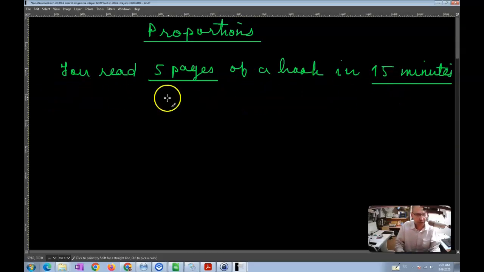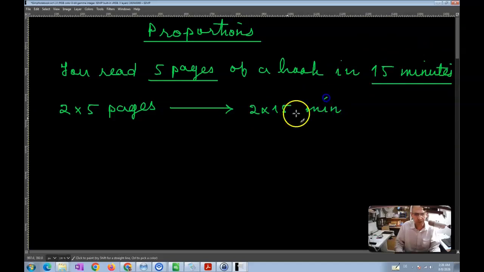I can say that since you read 5 pages in 15 minutes, then twice the number of pages, meaning 2 times 5 pages, you would read in twice the amount of time, meaning 2 times 15 minutes, right?